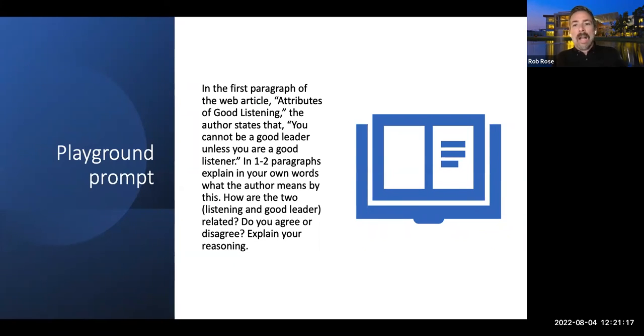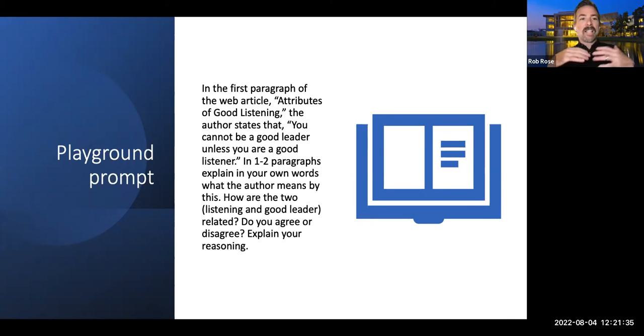So here's an example. It says, in the first paragraph of the web article, Attributes of Good Listening, the author states that you cannot be a good leader unless you're a good listener. In 1 to 2 paragraphs, explain in your own words what the author means by this. How are the two, listening and good leader, related? Do you agree or disagree? Explain your reasoning, right?